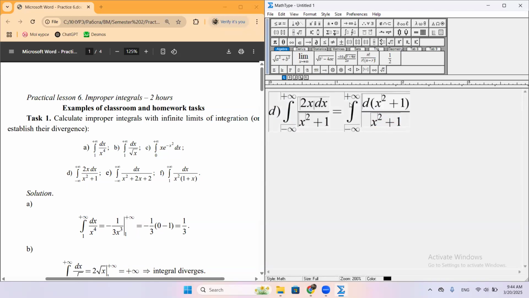Well, actually, this is the same expression as this. And the antiderivative is the following: logarithm of x squared plus 1. And I don't need module sign because a positive expression is under the argument of logarithm.